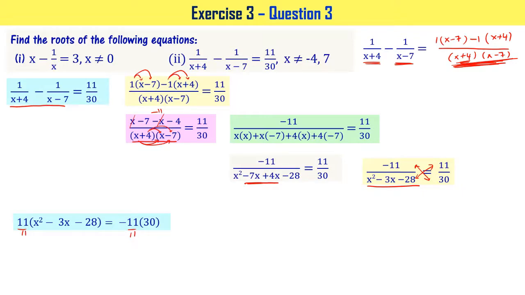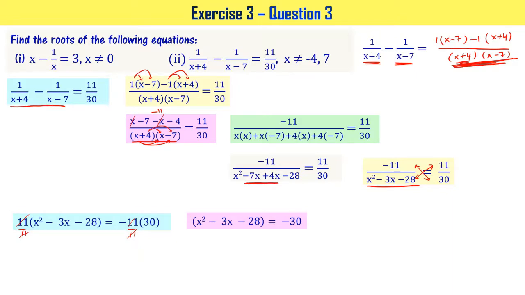So that the equation now becomes x square minus 3x minus 28 equal to minus 30, right? When you divide both the sides of the equation with number 11, you can cancel this 11, this 11, this 11 and this 11, right? When you do that, you have the equation as x square minus 3x minus 28 equal to minus 30.